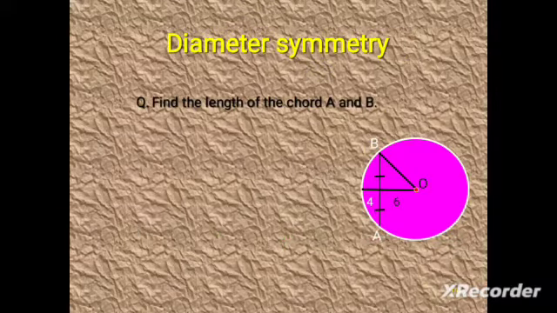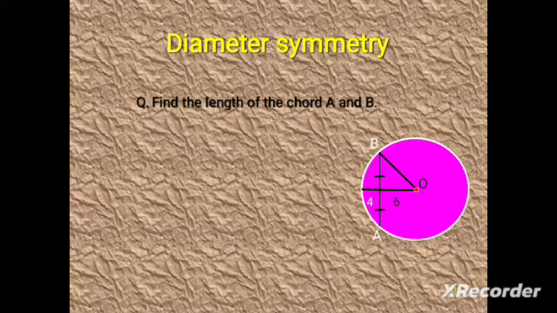Okay, let's now try to use that in a question. Find the length of the chord AB from the diagram given below. It is a circle, center O, with a chord AB.